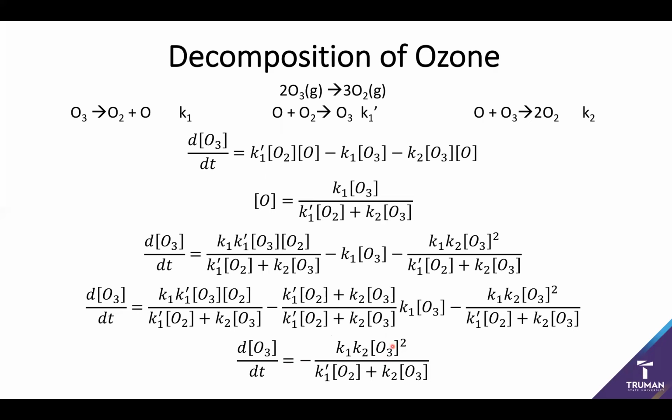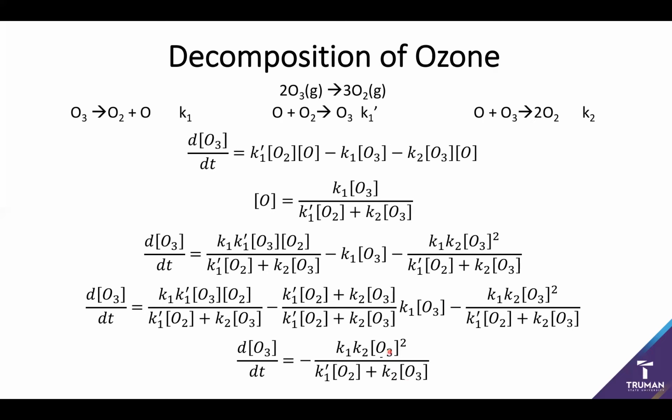And after this, we're going to have to pay very close attention to conditions. Under high ozone conditions, we're going to essentially watch the second term in the denominator dominate, and we have a reaction that's first order in ozone.